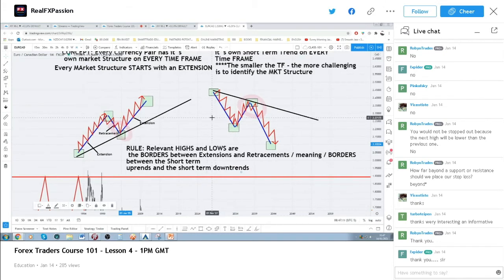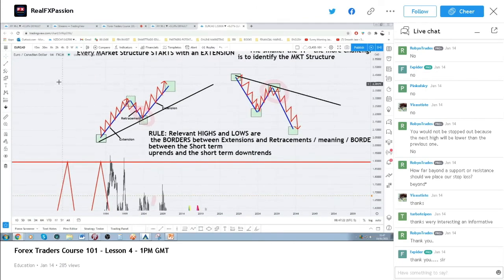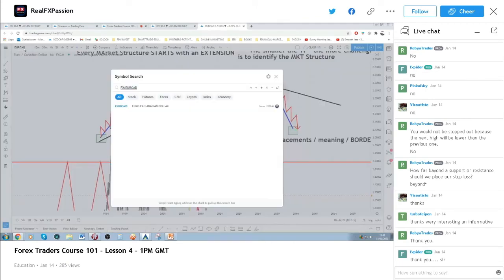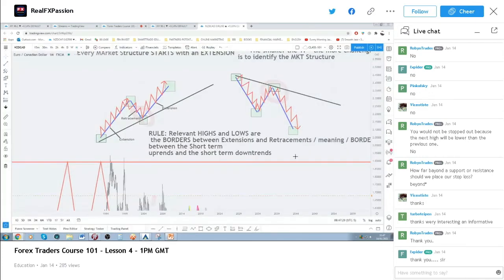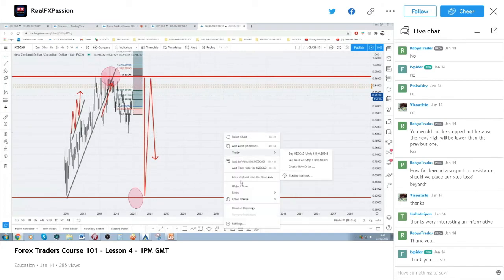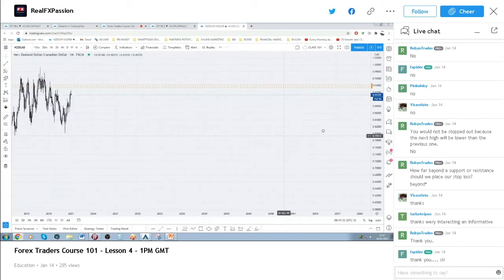Everybody, trend direction, you need to be very specific. What are we talking about? Let's change and go to NZD-CAD, and one more time remove drawings.